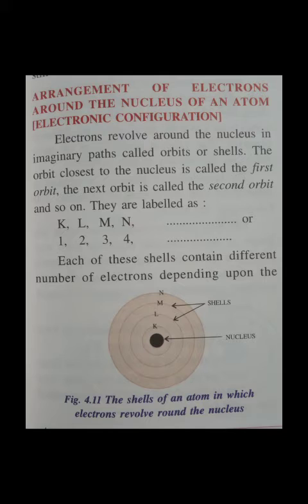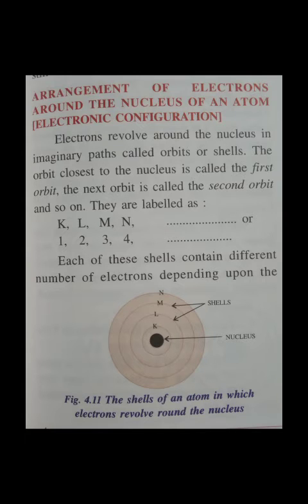Now let's see the arrangement of electrons around the nucleus of an atom. We used the word electronic configuration just now, right? Electronic configuration, as the name itself suggests, depends on the number of electrons present in an atom.